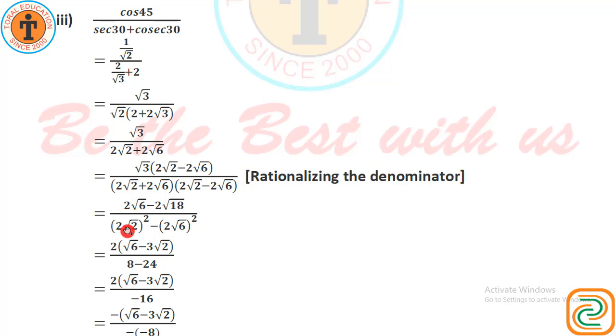Right? Look at here. We can take 2 as common from both. Here I have taken 2 as common. Here root 6 and 9 2s are 18. You know very well, and 9 is a perfect square. So if we take square root of 9, we will get 3. So I have taken here 3 into root 2, 3 root 2, because 9 2s are 18.